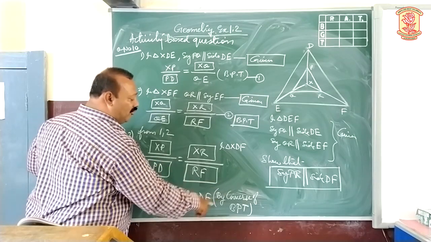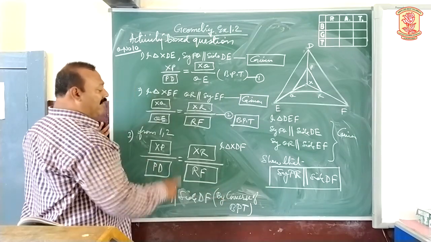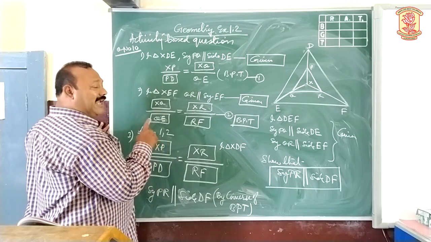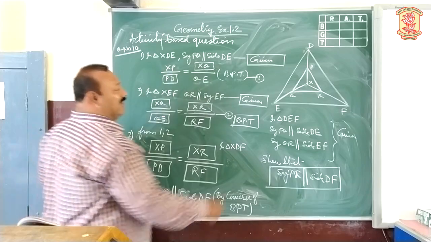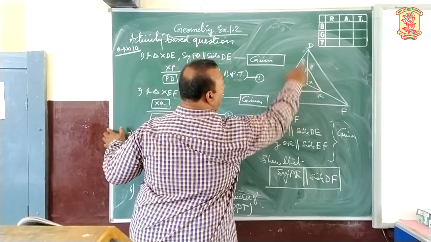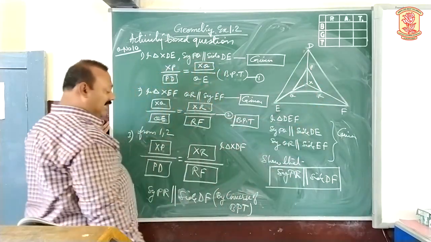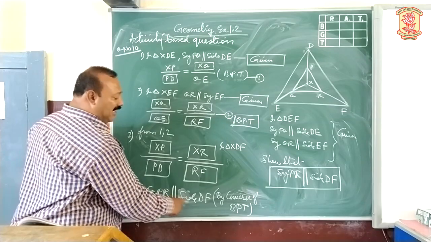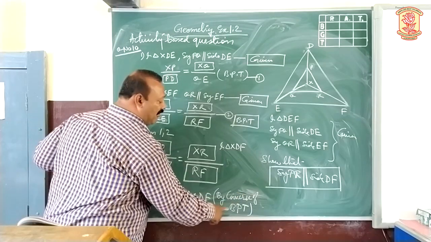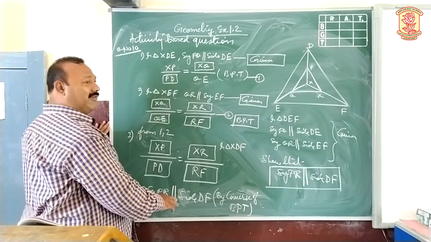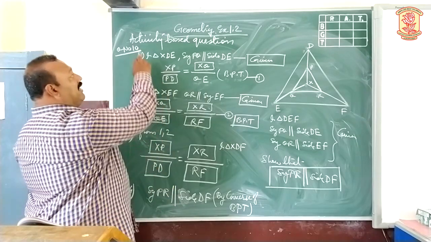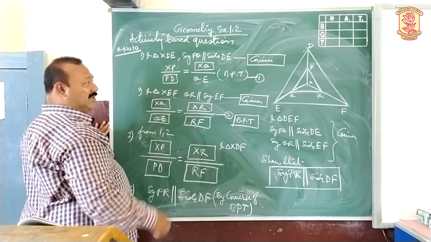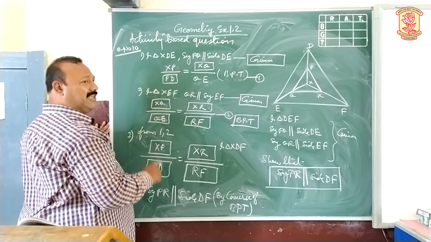Therefore, when we make the use of converse of BPT, when a line divides any two sides of a triangle proportionally, then it is parallel to the third side. Which segment? Segment PR. Parallel to the third side. Which is the third side? DF. Therefore, PR parallel to DF by making the use of converse of BPT. In this way, you can prove this problem, as it is an activity based question, by filling in the boxes which are present here.